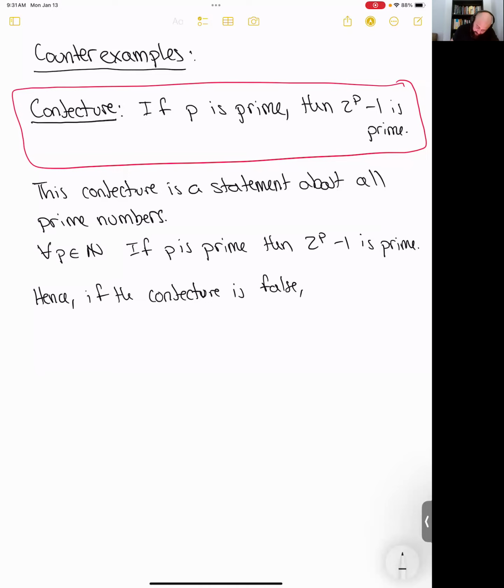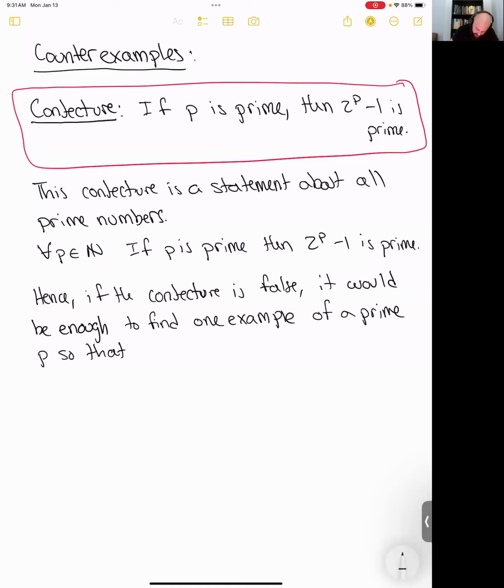So if the conjecture is false, it would be enough to find one example of a prime P so that 2 to the P minus 1 is not prime.